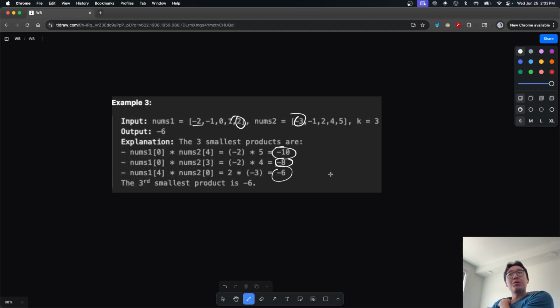So now how are we going to do this? The smallest product. How do I know that I want to switch?